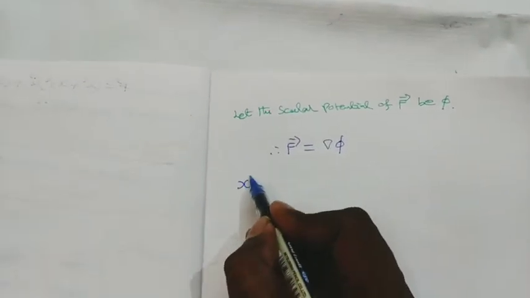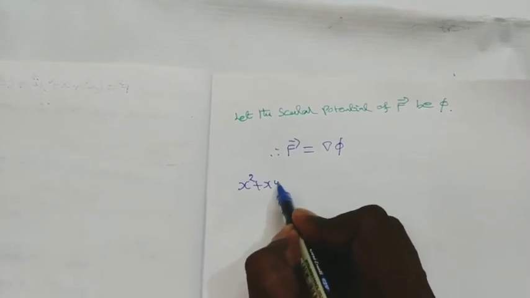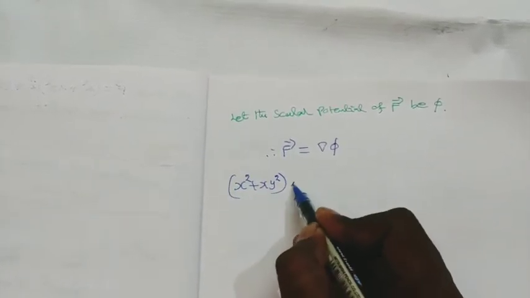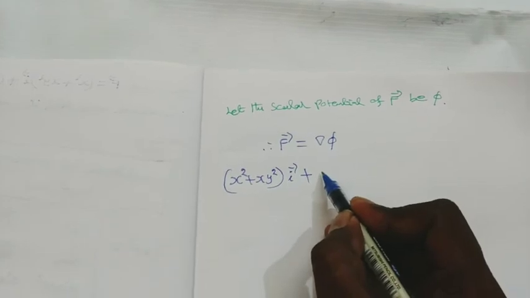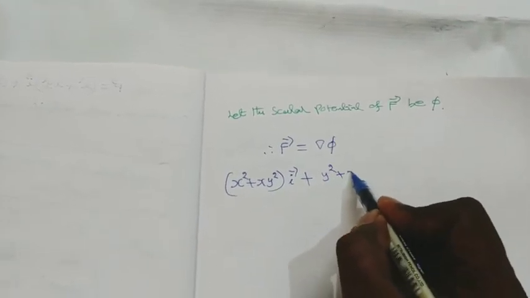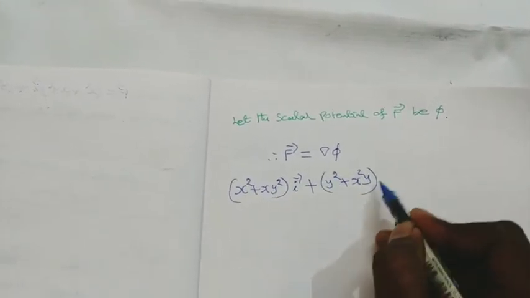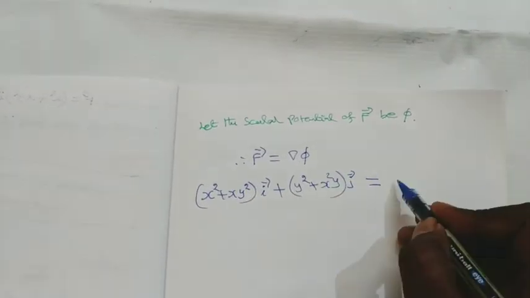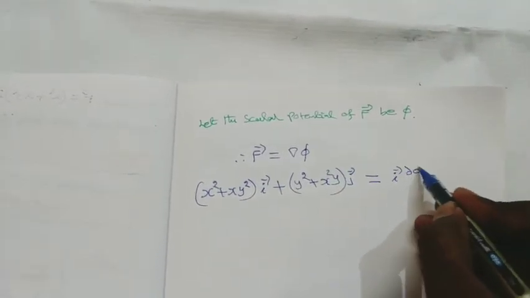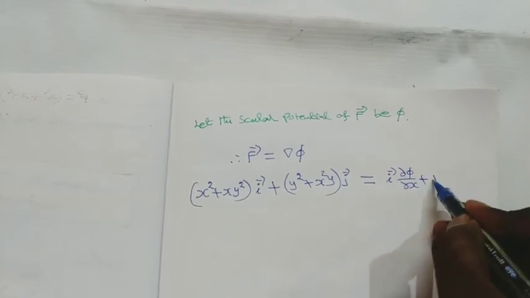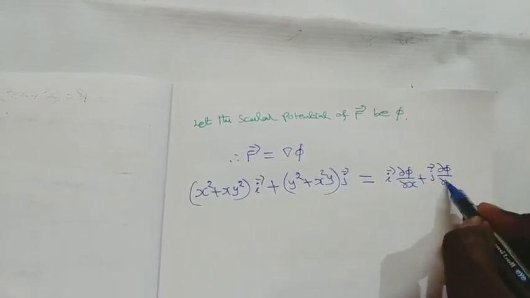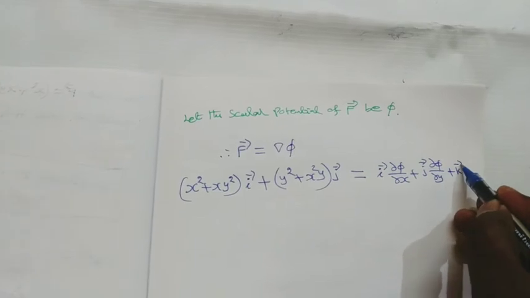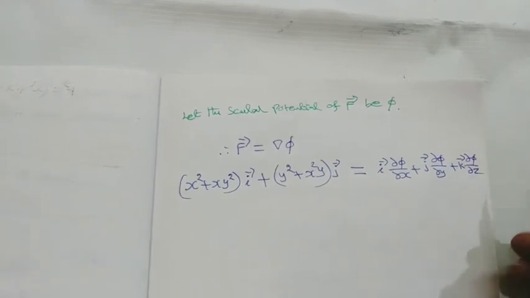It is (x² + xy²) i + (y² + x²y) j, but there is no k coefficient, and del phi is i vector into ∂phi/∂x plus j vector into ∂phi/∂y plus k vector into ∂phi/∂z.